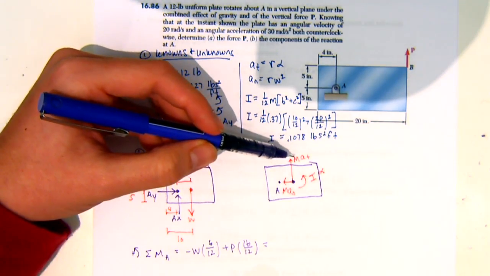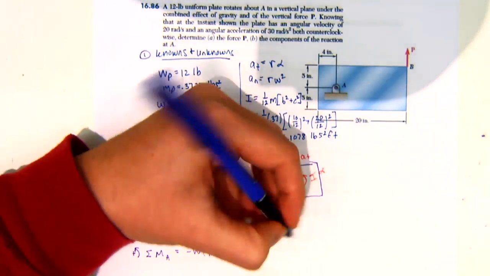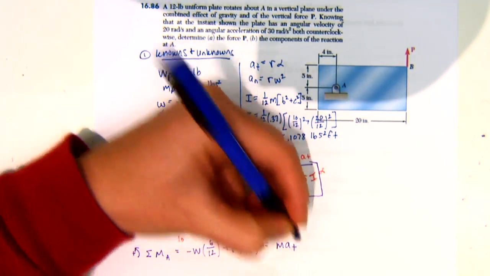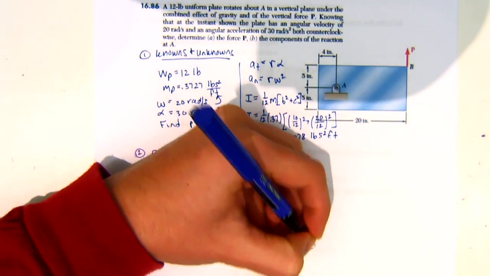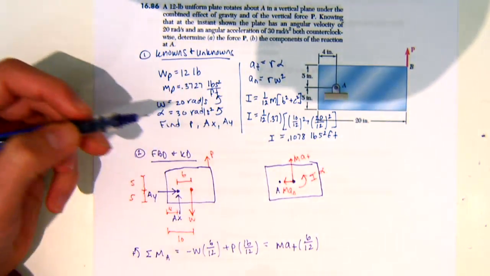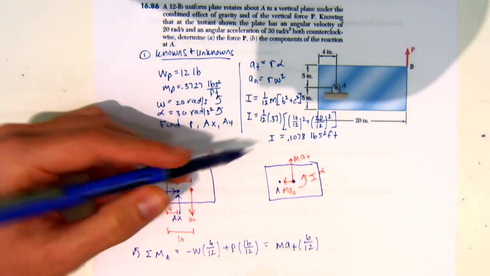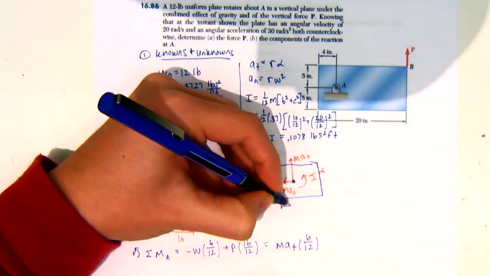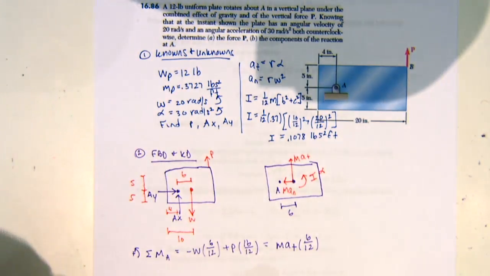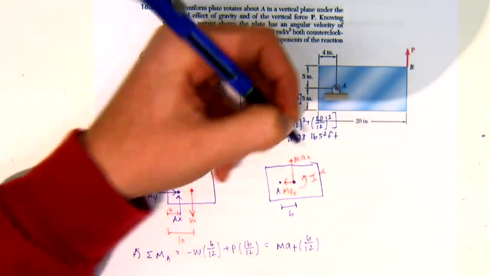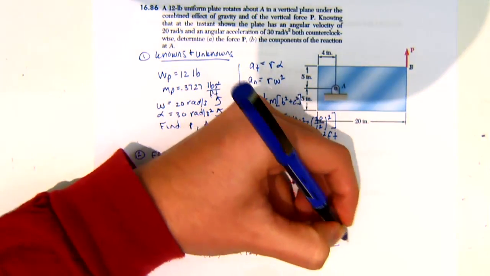Then I have M times the tangential acceleration, so MAT times 6 over 12, and that's positive. This right here is 6 inches, the distance from the centroid to point A. And then I also have plus I alpha.